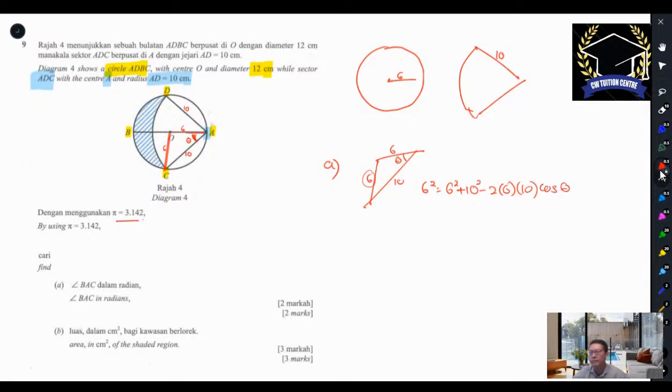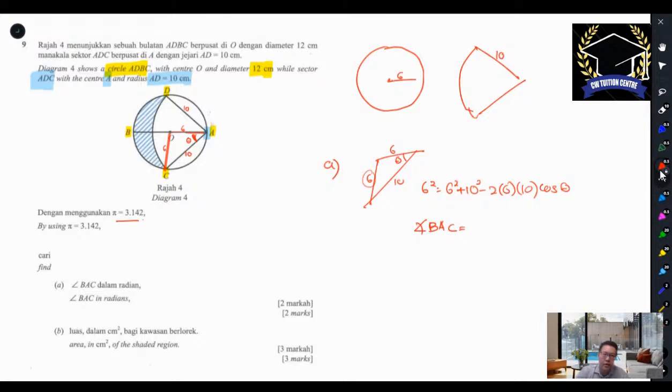So 6 squared equals to the left, right, cos theta. So angle BAC equals 100 divided by 120, then shift cos.